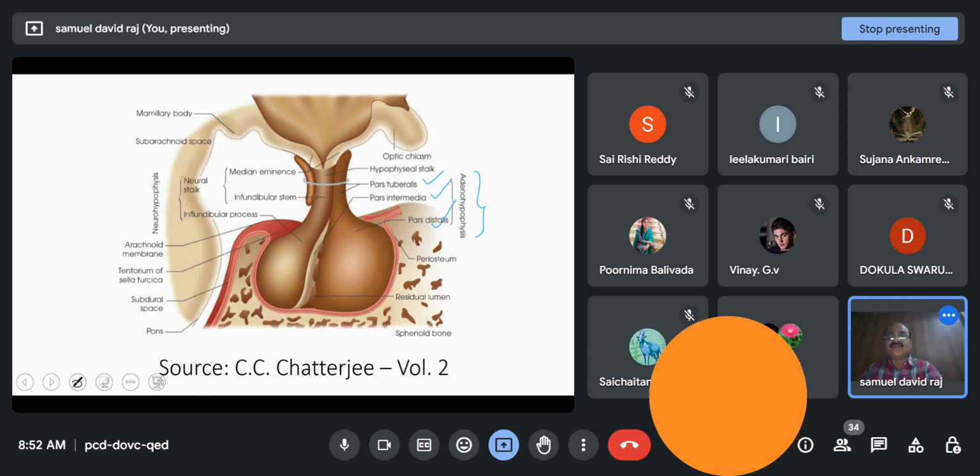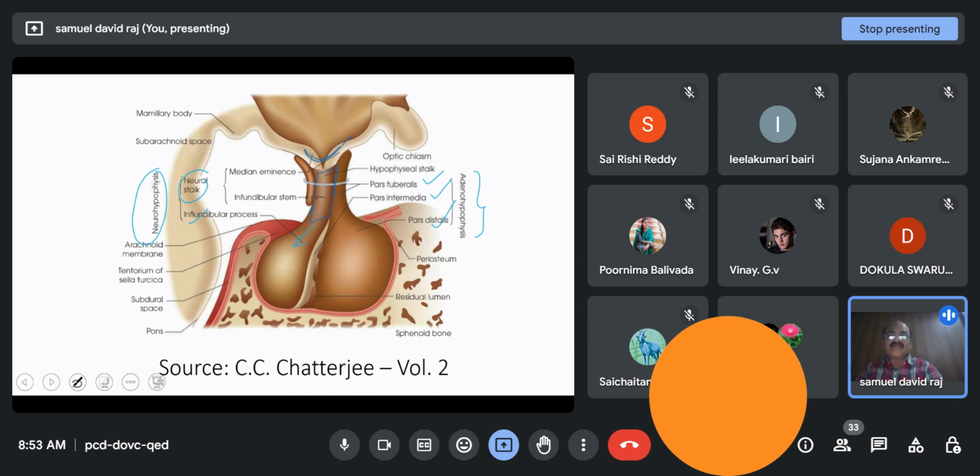Coming to the second part, that is the neurohypophysis. It comprises an infundibular process, this is the infundibular process, and a neural stalk. This is the neural stalk. So this neural stalk comprises the median eminence and infundibular stem.